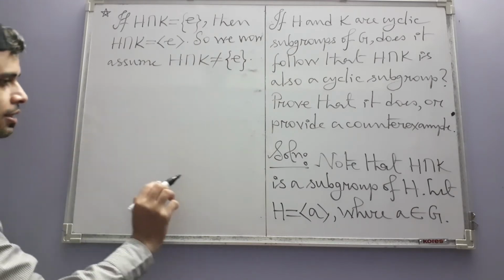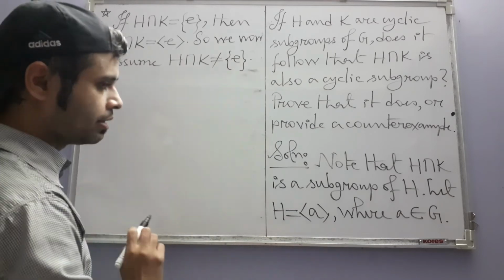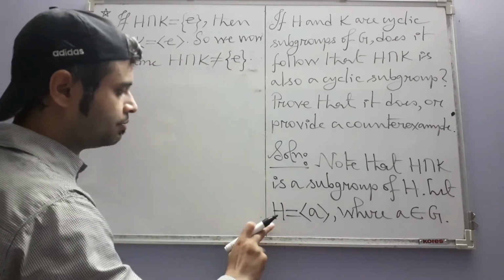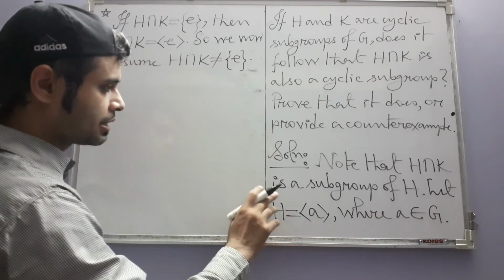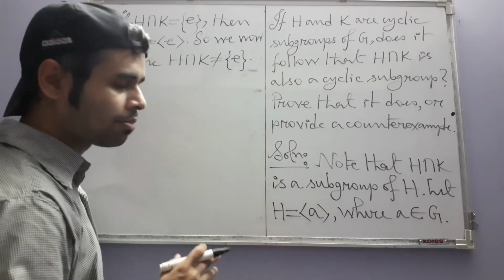Being a non-trivial subgroup of H, that means it has some element different from the identity, and any element in H, because H intersection K is sitting inside H, is some integral power of a.